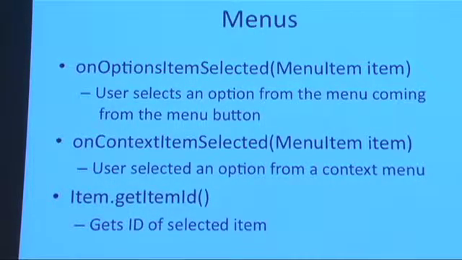This is called when a user selects an option from a context menu. And the last thing corresponding to that is item.getItemId, which allows you to get the ID of the item. This ID is written when you write the menu XML code.